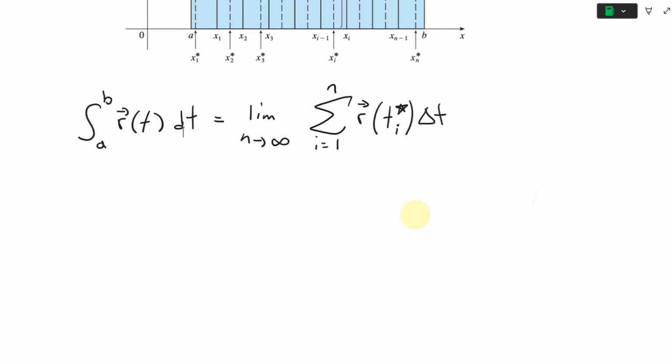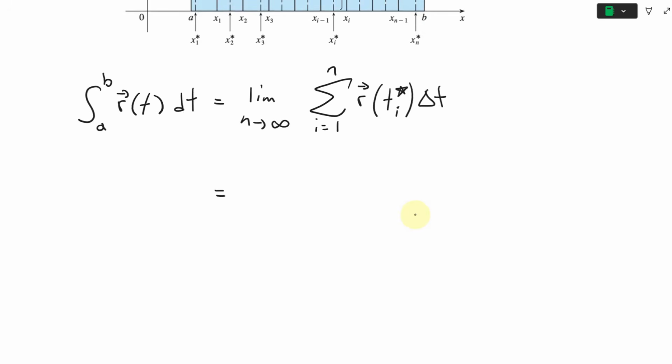And since we have components, and typically they're 3-dimensional, I'll just move it over here. For our setup, this equals the limit as n approaches infinity. Now we're going to do all the components, the i, j, k. So we're going to go summation n, with i equals 1, and now we'll have the f.